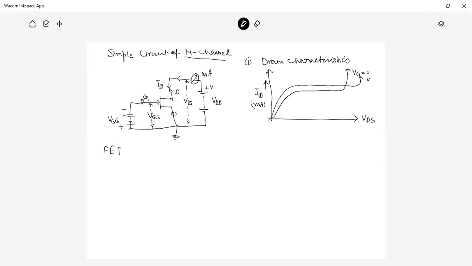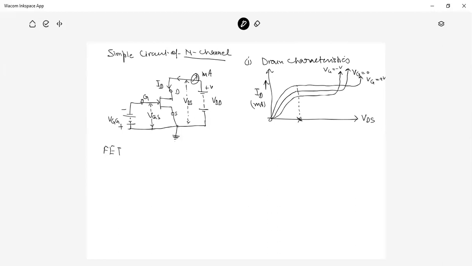And if VG is negative voltage, the current decreases.